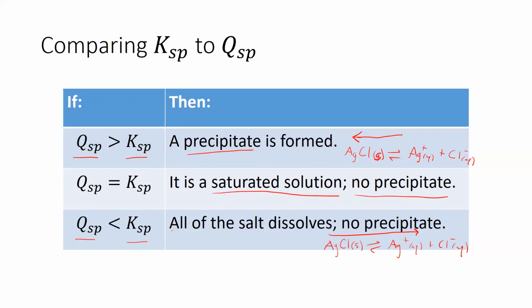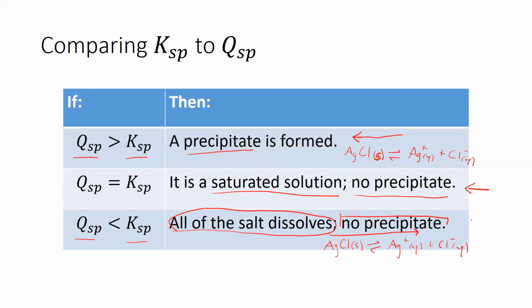And so if that's the case, all of the salt dissolves. So there's a difference here. We can say all of the salt dissolves. So what does that mean for this reaction? What it really comes down to is that no precipitate will form. So there are two situations where you're not going to get a precipitate.